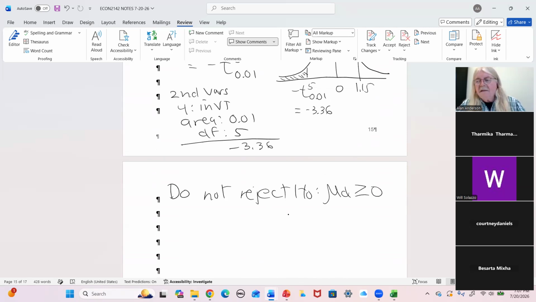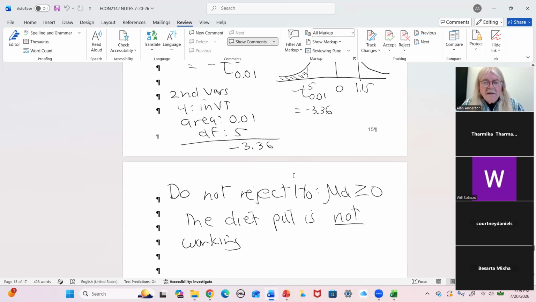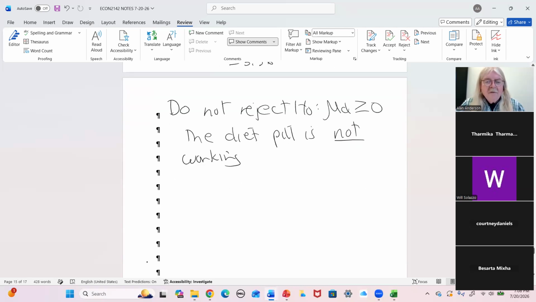And that's it. By the way, this was about a diet pill. And then the p-value would be absurdly large.